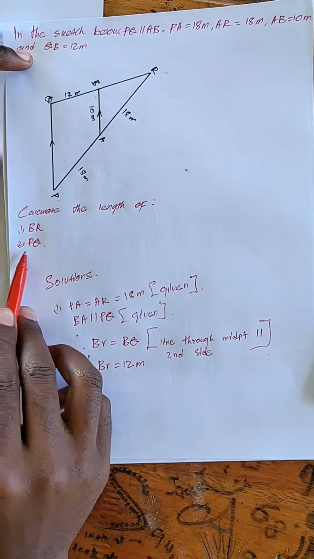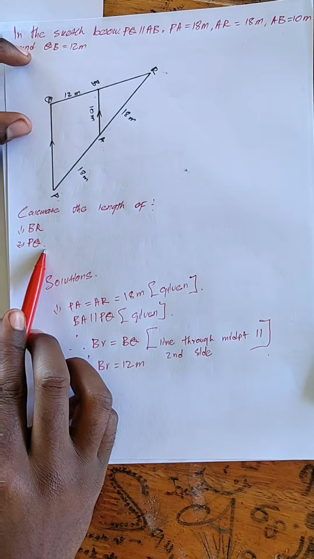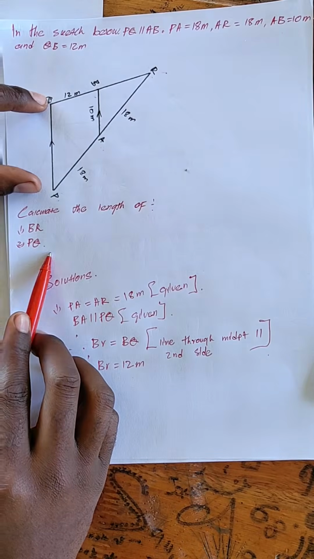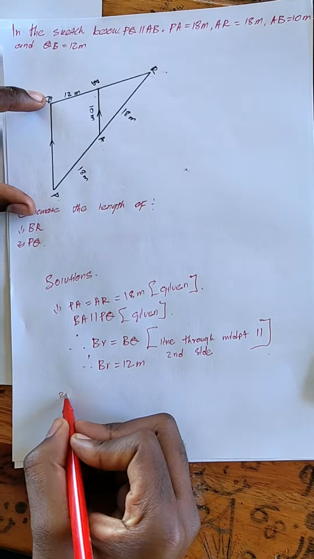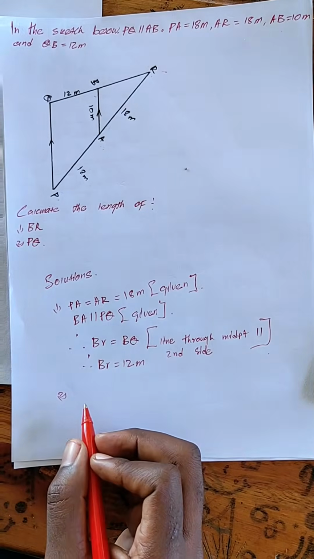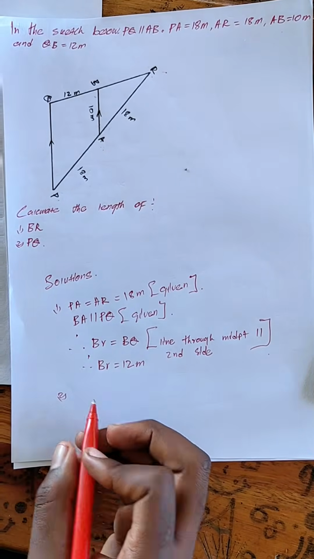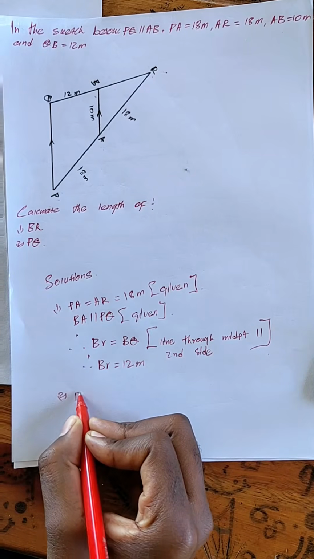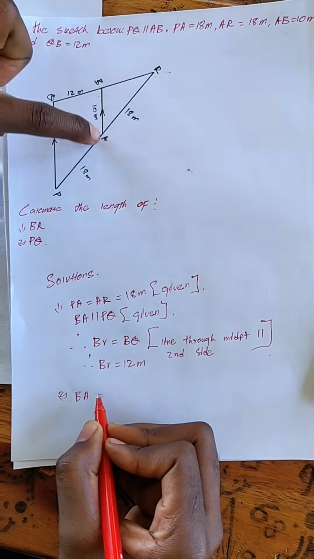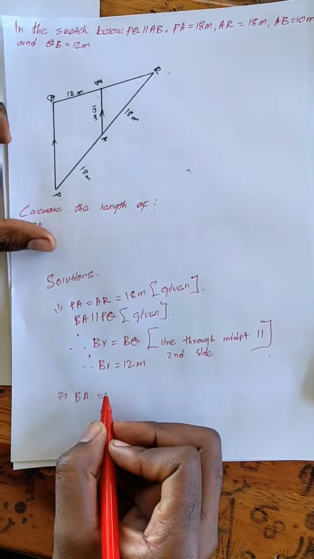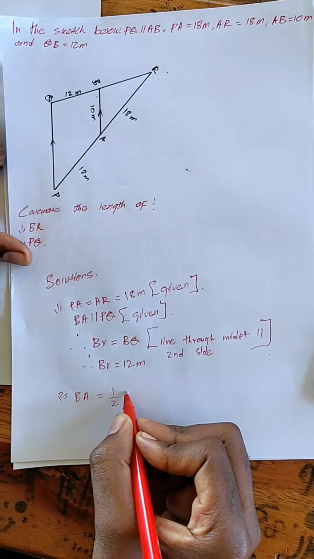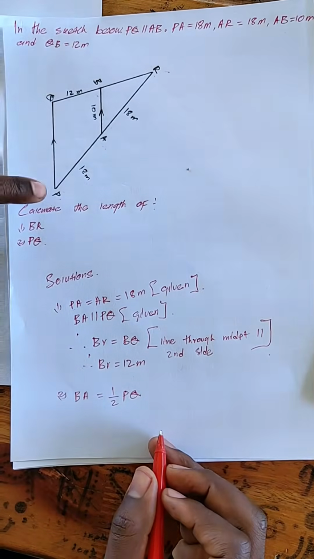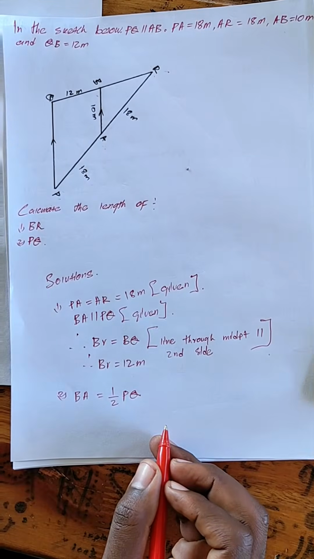Right. The second one, the length of PQ. Where is PQ? This is PQ. Now, what do we know? Since we have shown that this one equals this one, we can therefore say BA equals half the length of PQ.